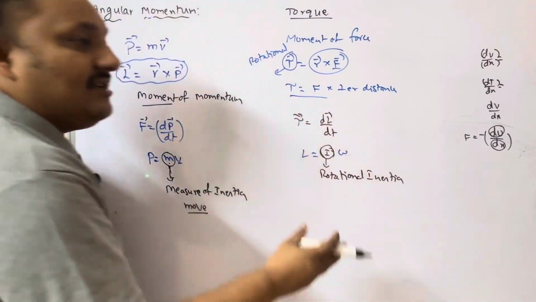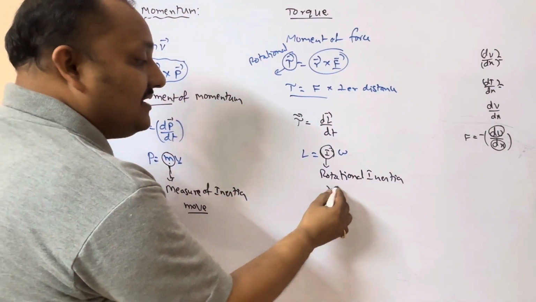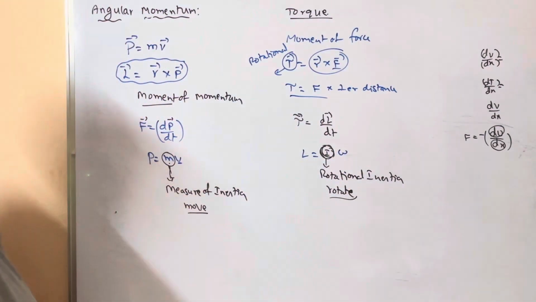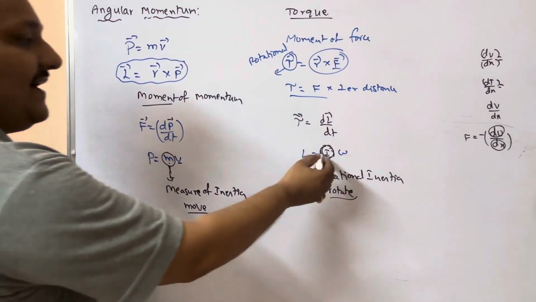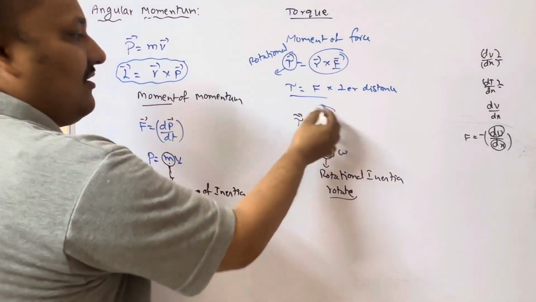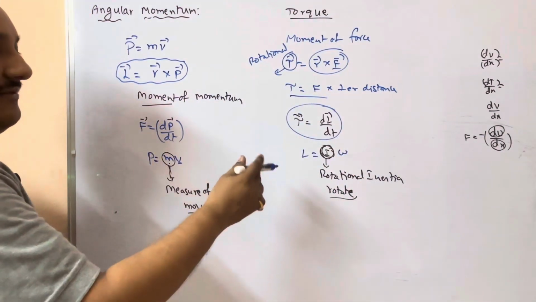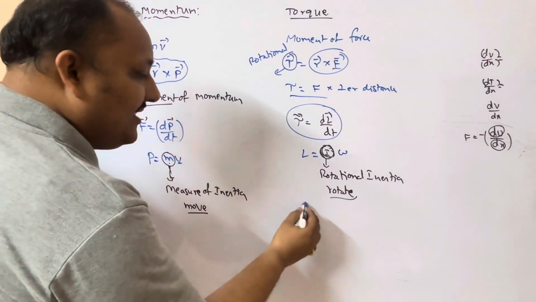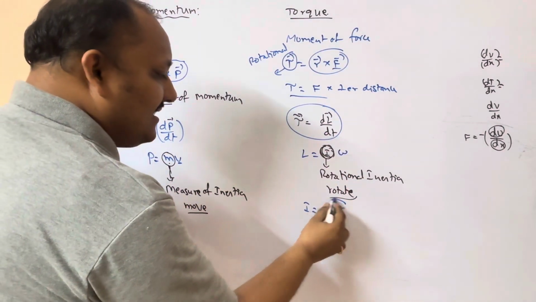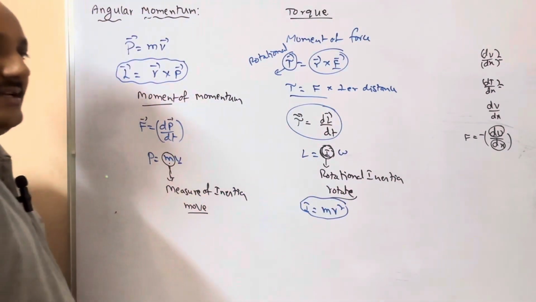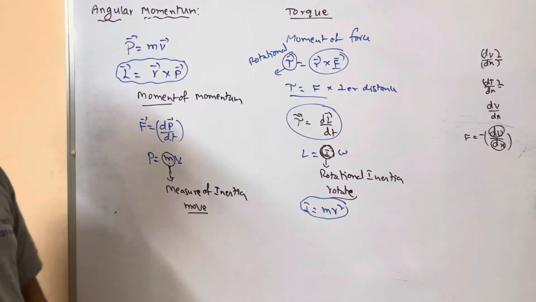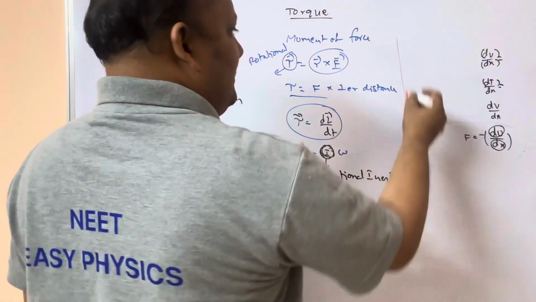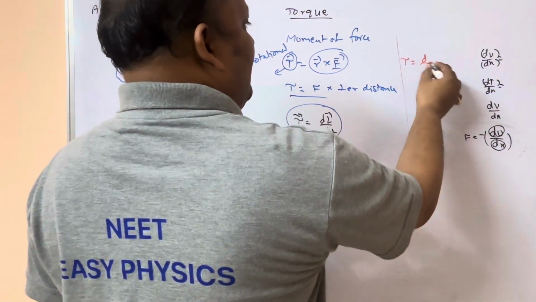Rotational inertia means whether the object can rotate easily or not is decided by moment of inertia. How do we define moment of inertia? If they derive the equation, you are going to get I, defined as the product of mass and the square of the distance of that mass particle.